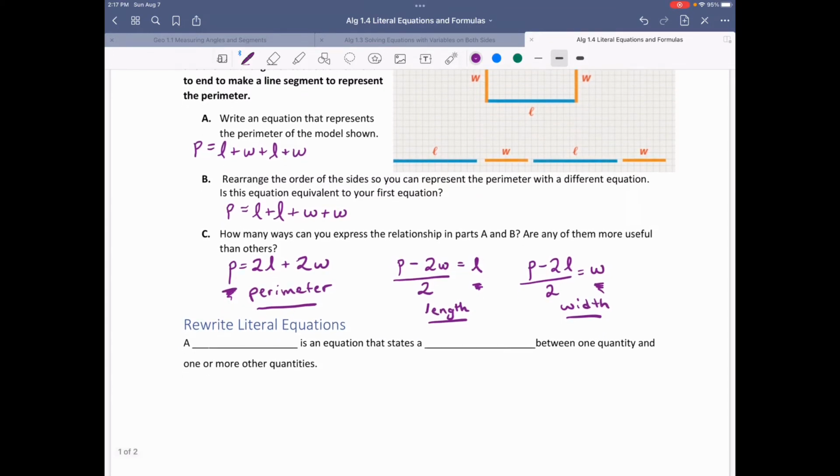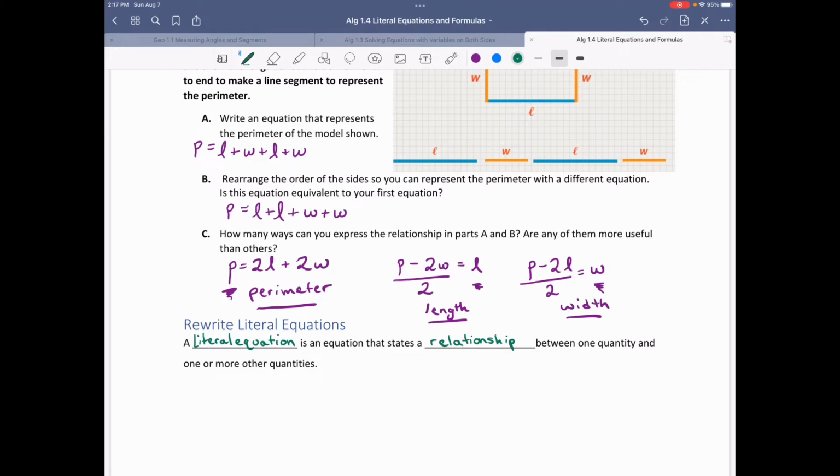Next, we're going to look at this definition. Rewrite literal equations. A literal equation is an equation that states a relationship between one quantity and one or more other quantities.